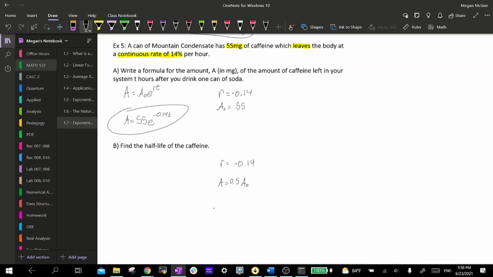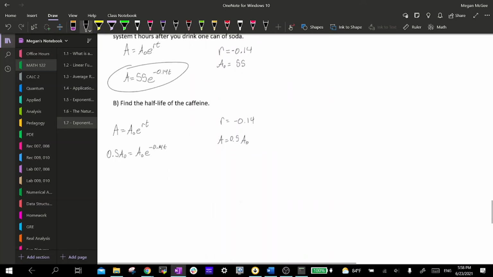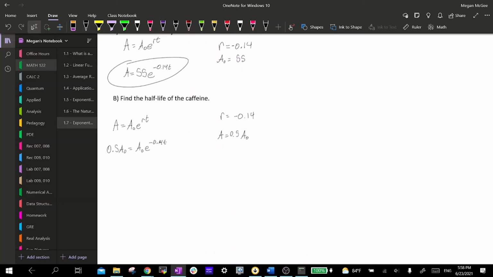So again, we have A is equal to A naught e to the rt. But A is 0.5 times A naught, which is equal to A naught e to the negative 0.14 times t. Just as in our doubling problem, we can go ahead and divide both sides by A naught, and therefore it cancels out.